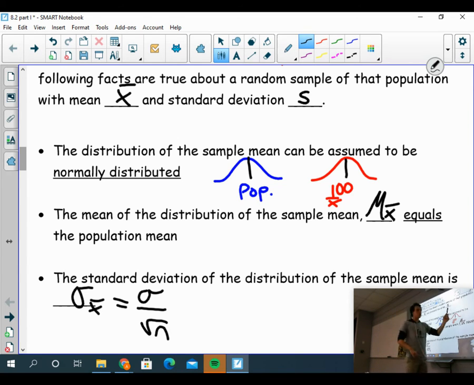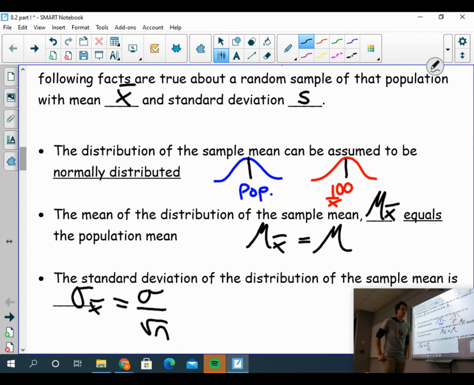So I could use the mean of the sample means to make the prediction as to what the mean of the population would be. Again, this is all based on the fact that the population is normally distributed. So mu of x bar, the mean of the sample means, will equal the population mean, mu.